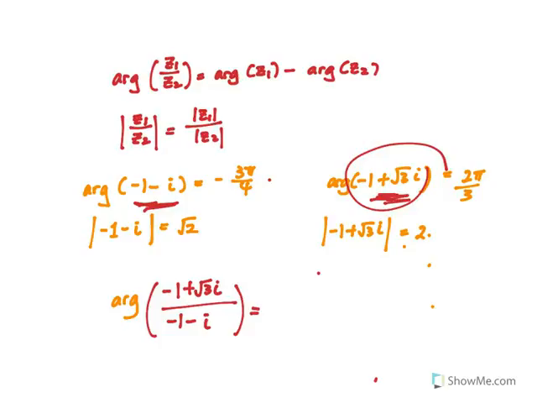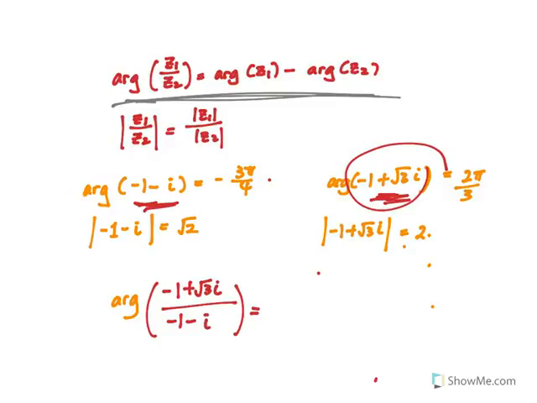Notice the similarity. And using this idea, we just subtract the difference between the two arguments. This will just be -3 pi over 4. Sorry, it should be the other way around.